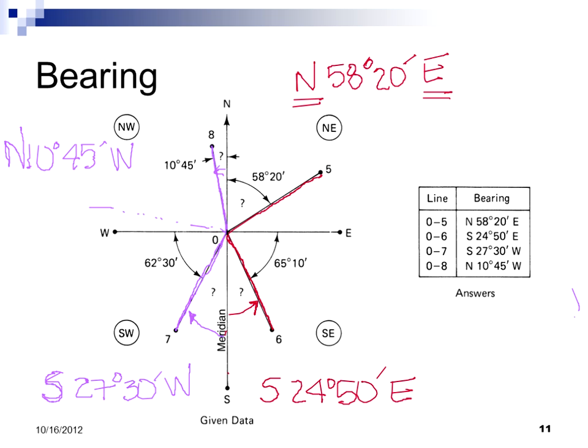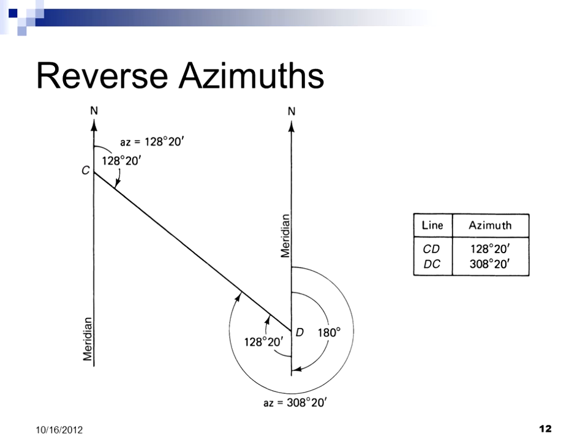Bearings are the same thing. If somebody tells you to mark off a line at a bearing of north 58 degrees, 20 minutes east, and you know this to be your meridian, then you know that your line is heading in this direction. So these bearings and azimuths are all about direction, the direction of travel, the direction that you're heading.